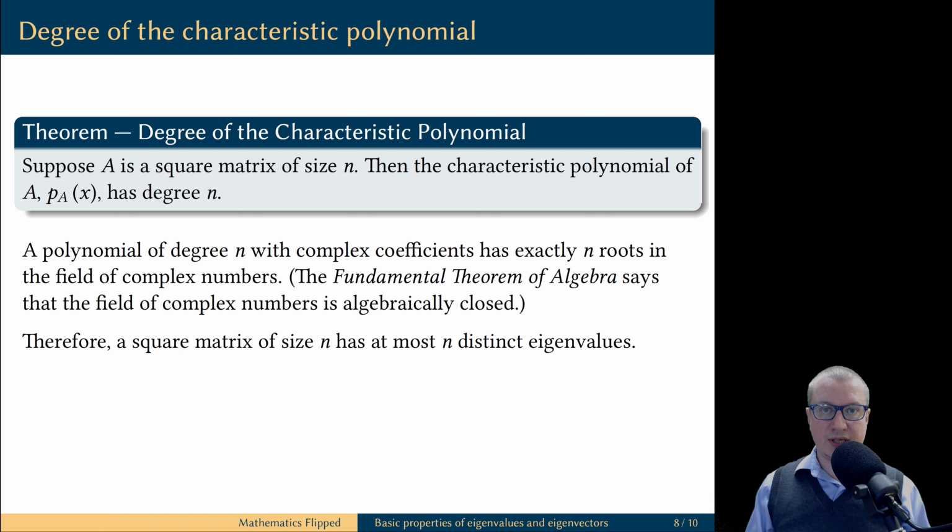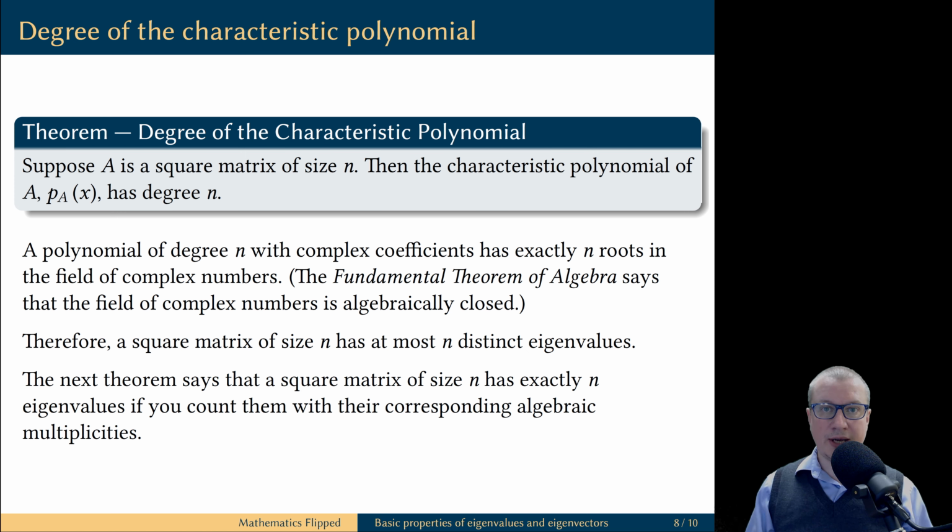The number of roots is exactly n if you count them with multiplicities, and in particular this means that a square matrix of size n has at most n distinct eigenvalues. But the number of eigenvalues is exactly n if you count them with their algebraic multiplicities.